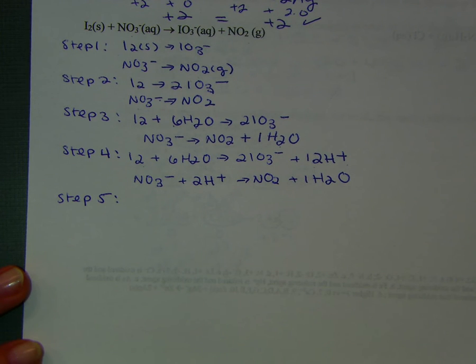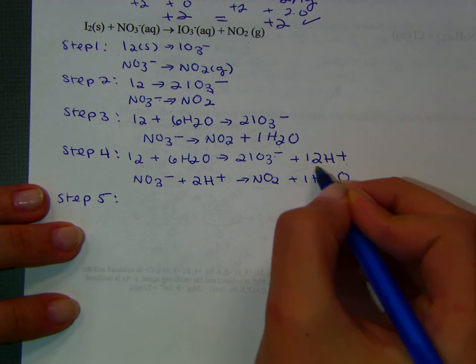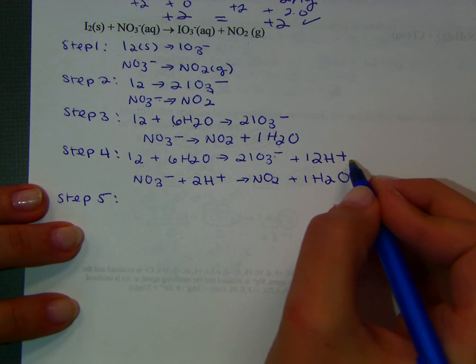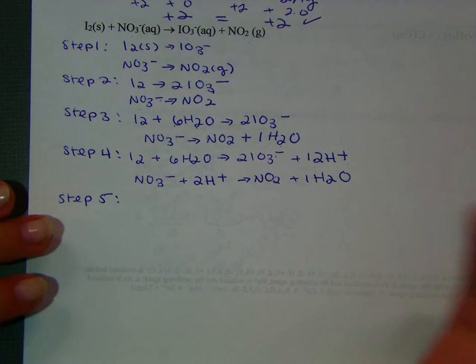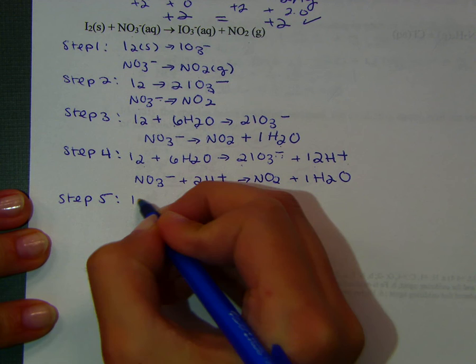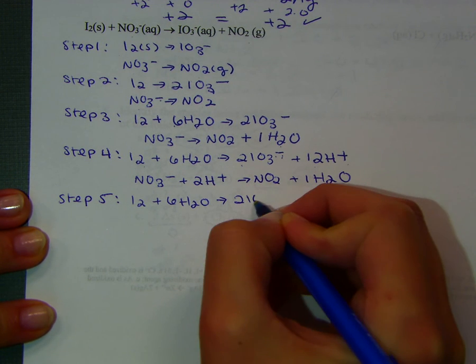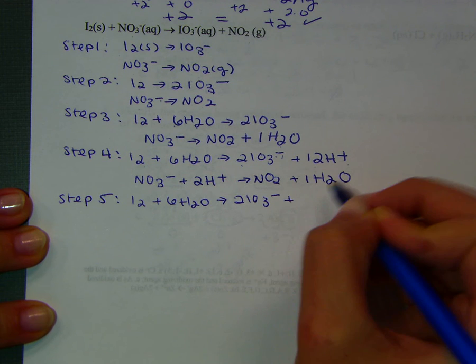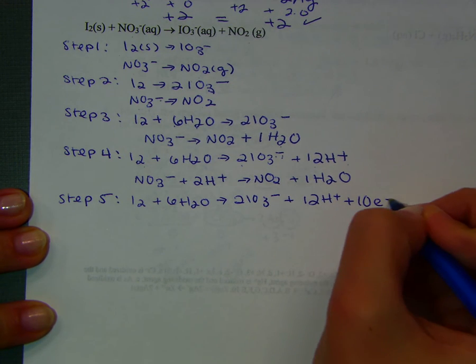So we've got a lot of balancing to do. If I have 2 minus and 12 plus, to get 0, I'm going to have to add in 10 minus signs to get to 12 plus with my already existing 2 minus. So I have I2 plus my 6 waters is to 2 IO3 minus plus my 12 hydrogens plus 10 electrons.